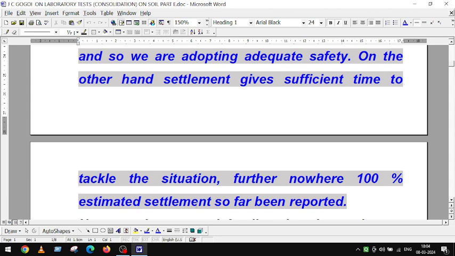Nowhere has 100% estimated settlement been reported, since we are estimating settlement, not confirming it like shear failure.